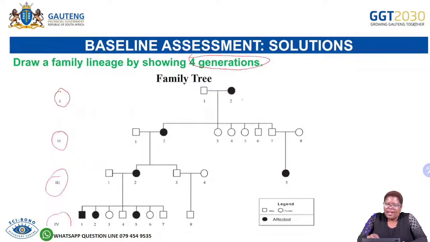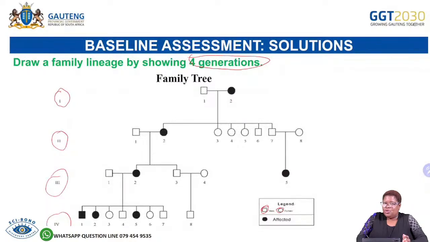Let's check 1 and 2. If you are given a pedigree diagram in your exam papers, you are lucky because in most cases, they will give you the keys that will tell you what is happening there. Now with this one, we are given the keys. This square represents the male, the circle the female, and they are not affected, right?